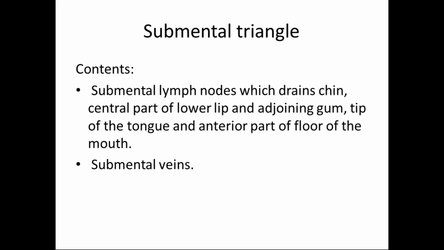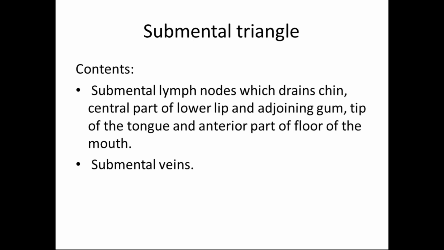This is also very important so that you can draw the differential diagnosis based upon the contents present in that particular triangle. If you see a swelling arriving to your OPD in some triangle, then you have to remember the structures present in that triangle so that you can conclude the differential diagnosis for that swelling.